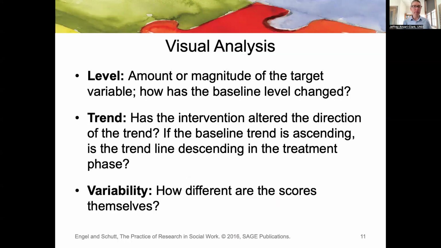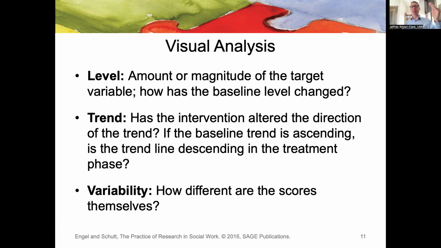And so with that visual analysis, basically, would we have seen the change without the intervention? Would we have seen it as fast? Would we have seen as large of a change? These are the questions that we want to understand. How has it all changed? And is it changing direction?